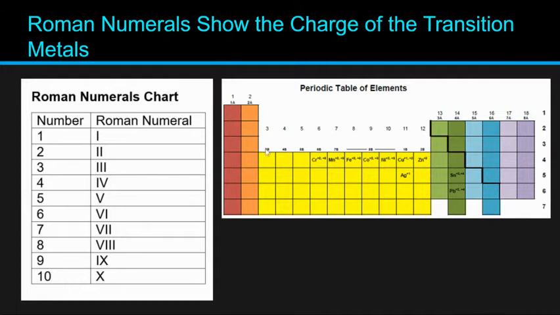These are the metals in group 3 through group 12 that have variable charges. And since their behavior varies, we don't have ionic charges labeled for them like we do the other groups because they can have different charges. So the Roman numeral in the name will tell you what the charge is. A Roman numeral 2 would signify a +2 charge.